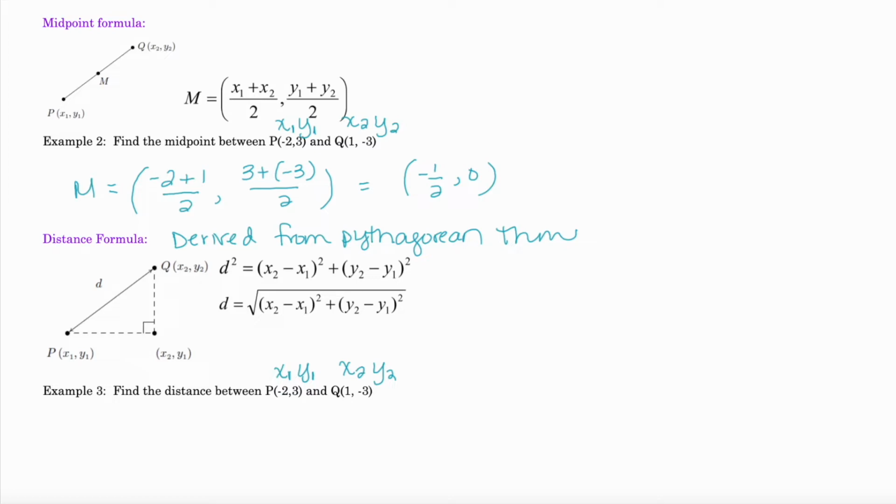Substituting into the formula itself, I want to take the difference between my x values. It doesn't matter which order, just keep it the same. So I'll take 1 minus -2, squared, plus -3 minus 3, squared.